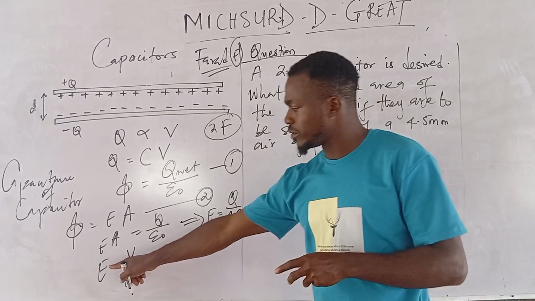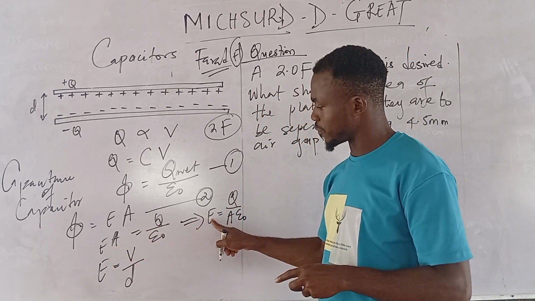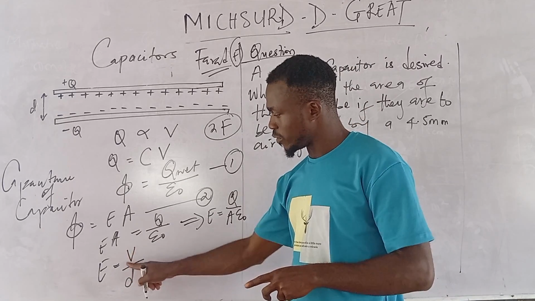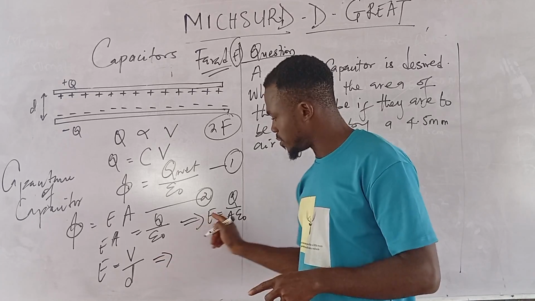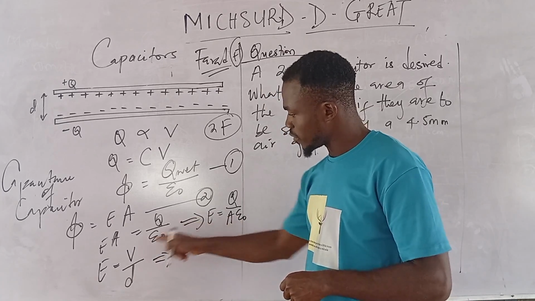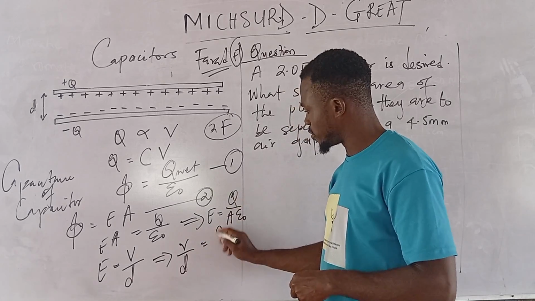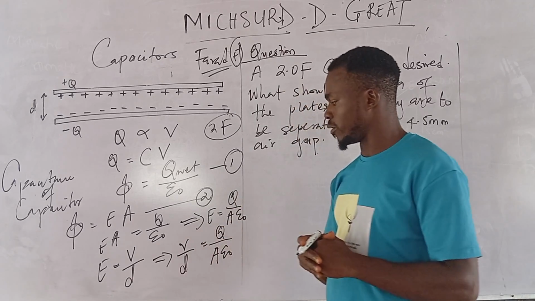So this electric field is the same as what we have here, and we can equate V over D to Q over A epsilon naught.